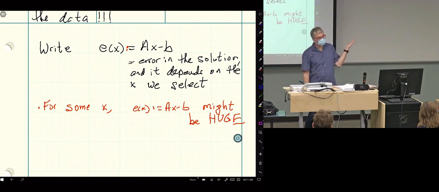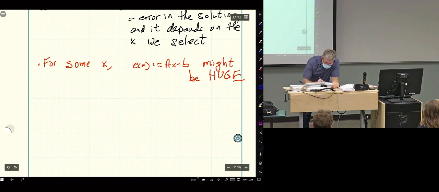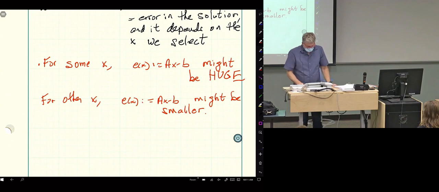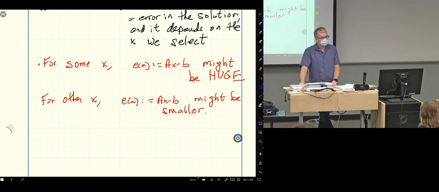So maybe that's not a very good choice, right? Okay. And then for other x, e of x by definition equal to Ax minus b might be smaller. I mean, if I take x equals 0, the error is no bigger than the length of b, the norm of b, okay?